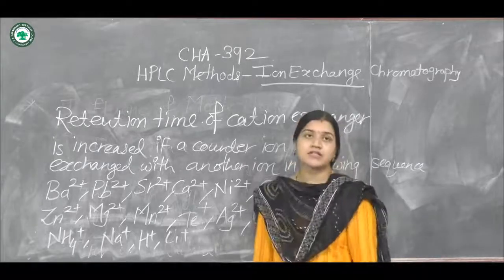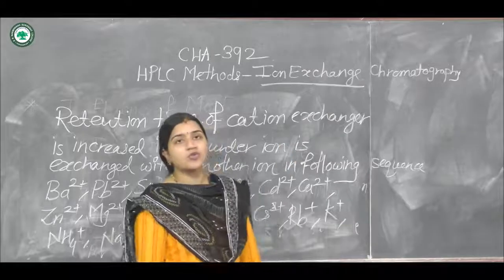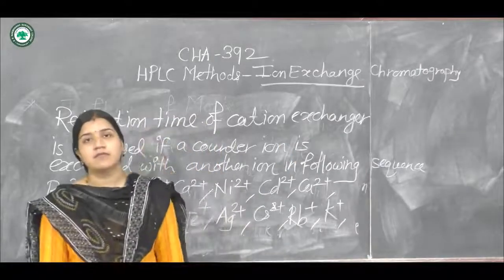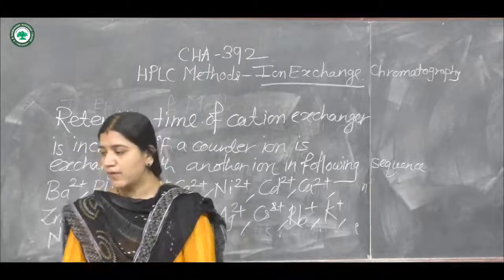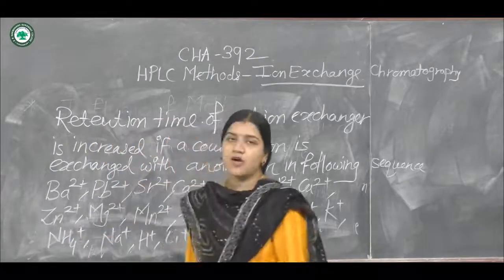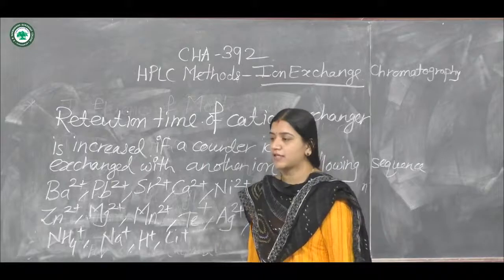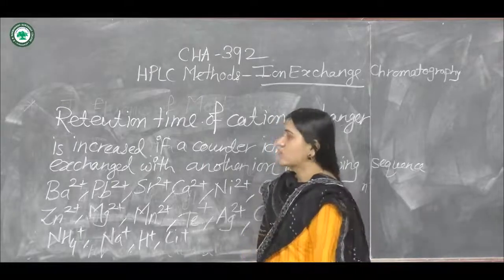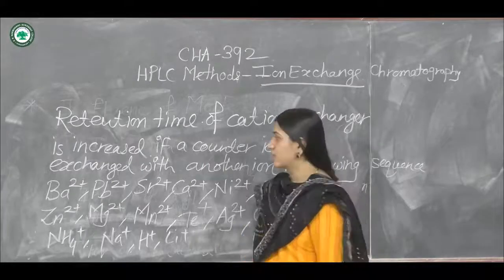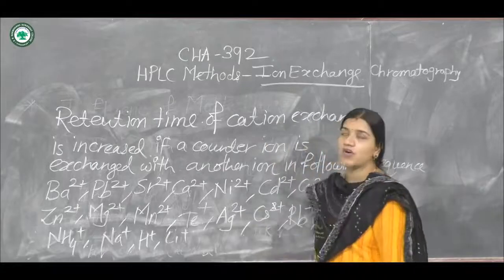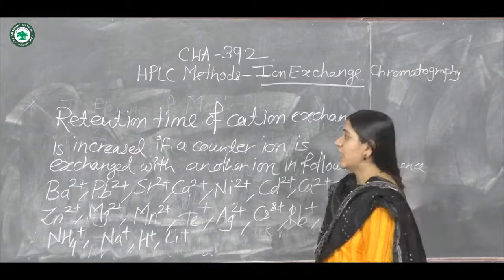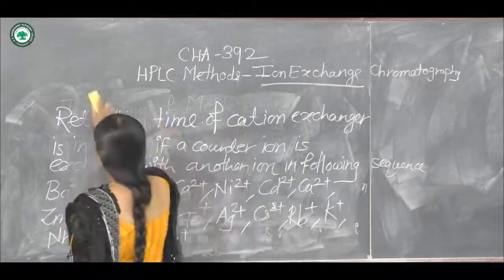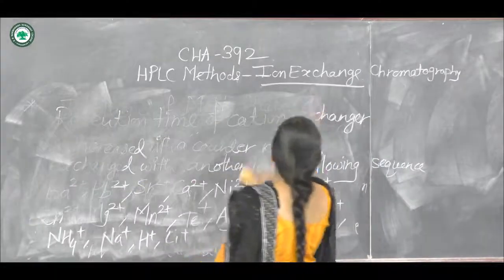Now after this, the next is how you can increase the retention time of an anion exchanger. You can also increase the retention time of the anion exchanger if the counter ion is exchanged by another ion. So what is the sequence for this? We will study. This is the sequence for the cation exchanger to increase the retention time. Now the next is how you can increase the retention time of an anion exchanger.